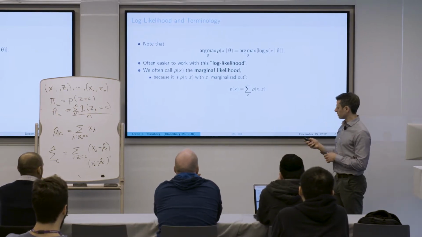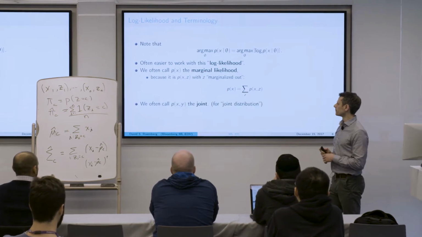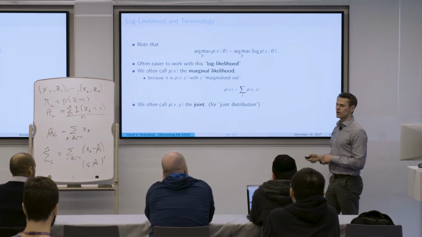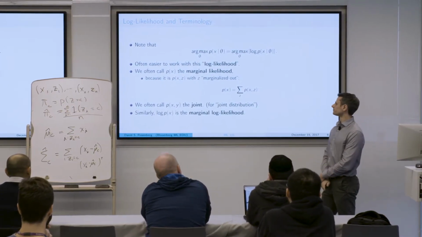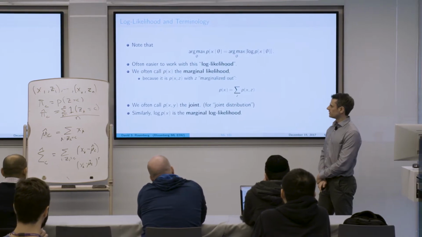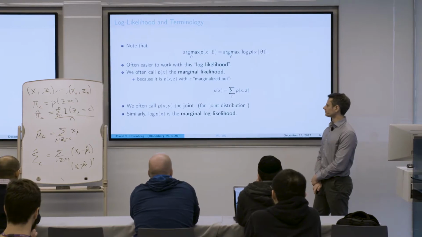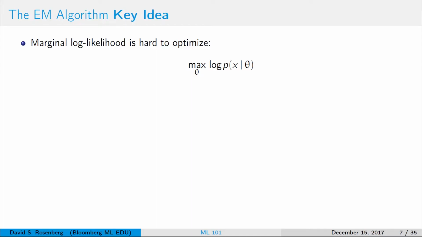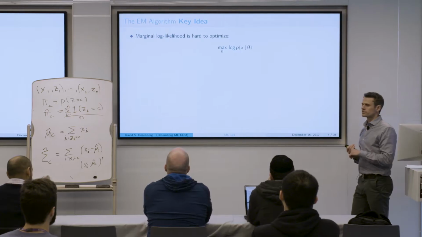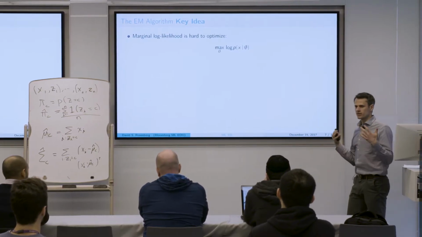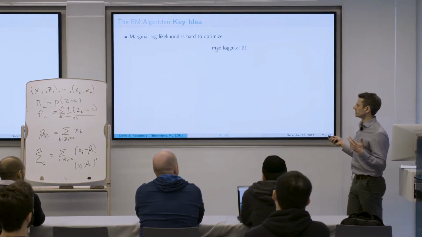It's simpler. All right. P of (x, z) we'll call the joint distribution. The marginal log likelihood, log p of x, is just a little terminology we'll be using. This is what we really want to optimize. We observe the data x. Maximum likelihood is, let's find the theta that maximizes that likelihood for what we observe.